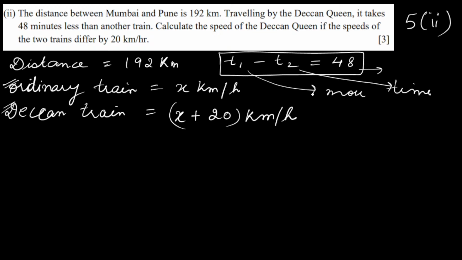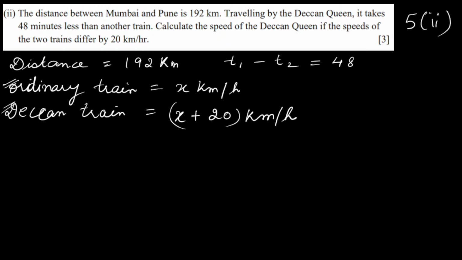If speed is less, time will be more. If you are traveling at very low speed, you will take more time. If you are traveling at more speed, time taken will be less. So that's why here T1 minus T2 is equal to 48.